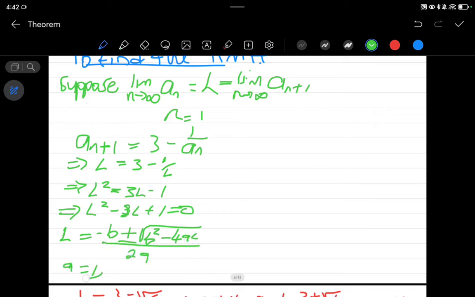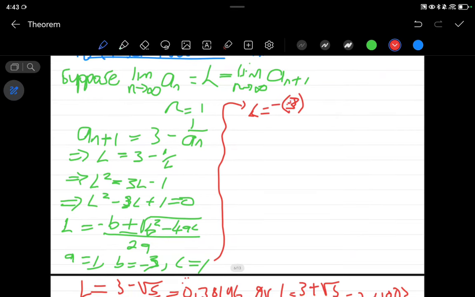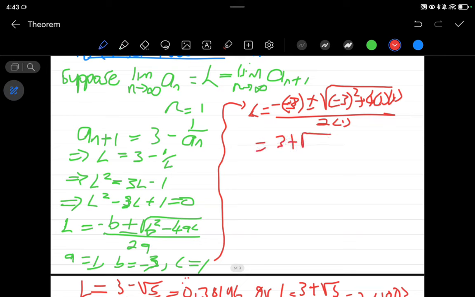Given that our a is 1, our b is minus 3, and our c is 1, I'll have that L is equal to minus minus 3, plus or minus the square root of minus 3 squared plus 4 times 1, all over 2 times 1, which is 3 plus root of 9 plus 4.